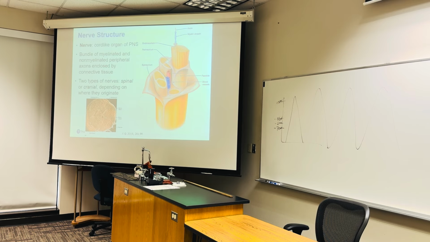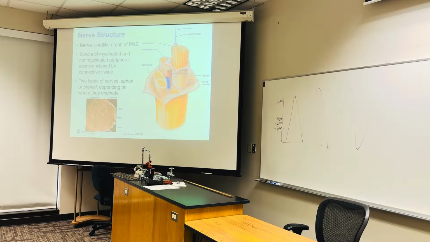Now, similar to your muscle, in your nerve you also have three membranes or layers surrounding each specific part. All the fascicles together, the nerve, is surrounded by epineurium.